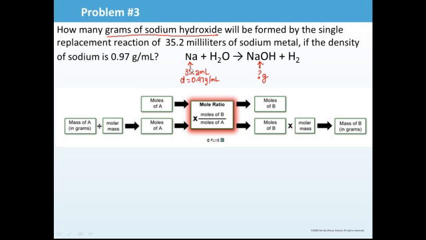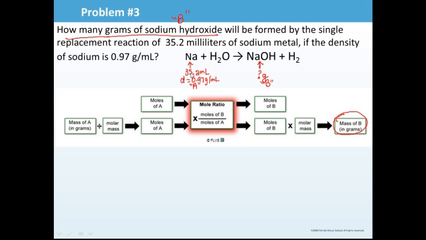Absolutely. So when we get to this problem, we have 35.2 milliliters. We know the density. This is going to be chemical A. And this is going to be chemical B because this is the chemical that we're asked for. How many grams of sodium hydroxide? That's going to be B, which means we're going to finish here.